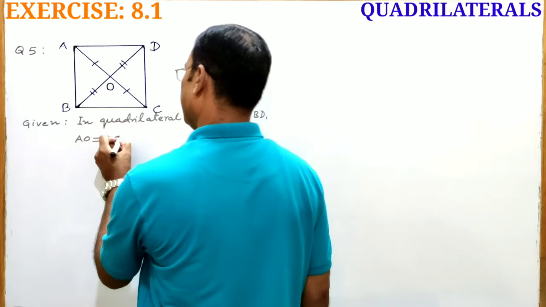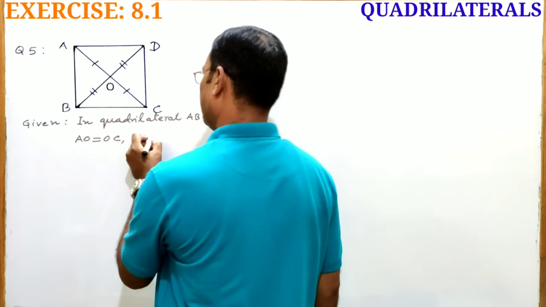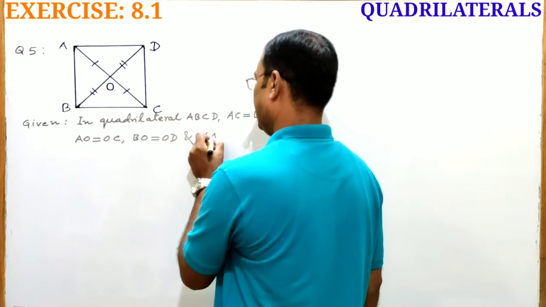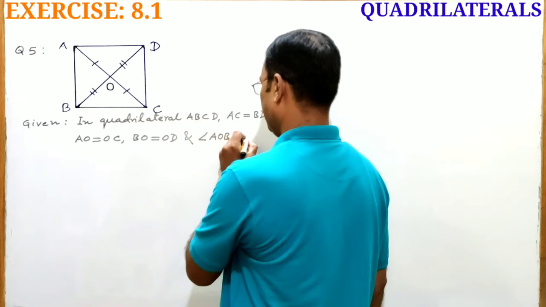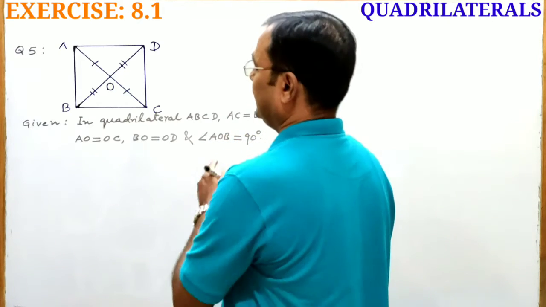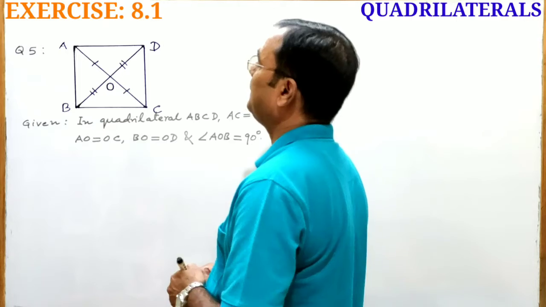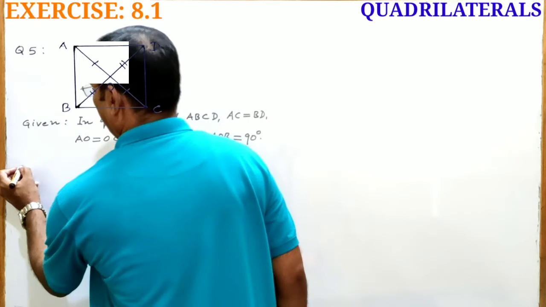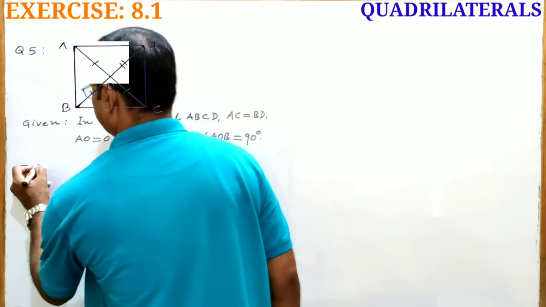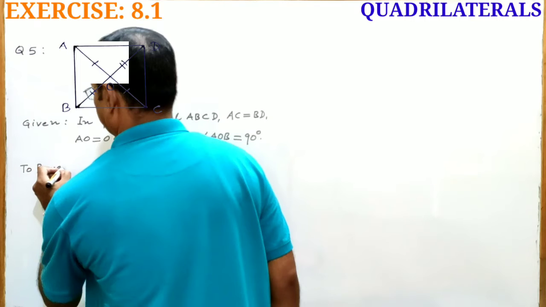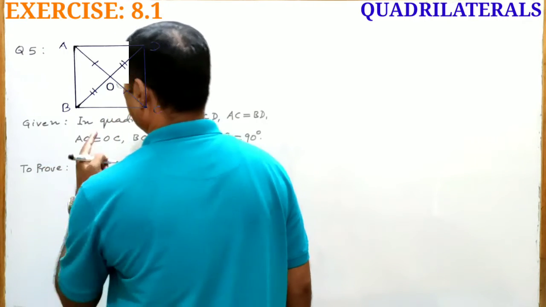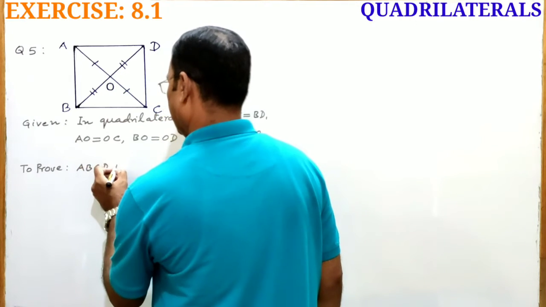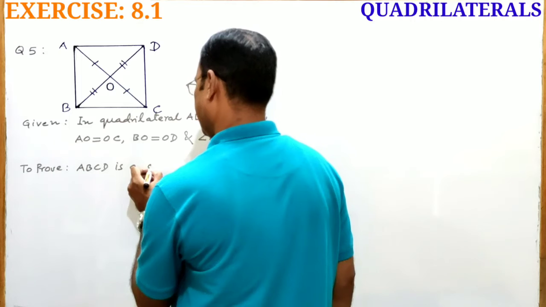AO equal to OC, BO equal to OD, and angle AOB is equal to 90 degrees. That means diagonals AC and BD bisect each other at a right angle. We have to prove that ABCD is a square.